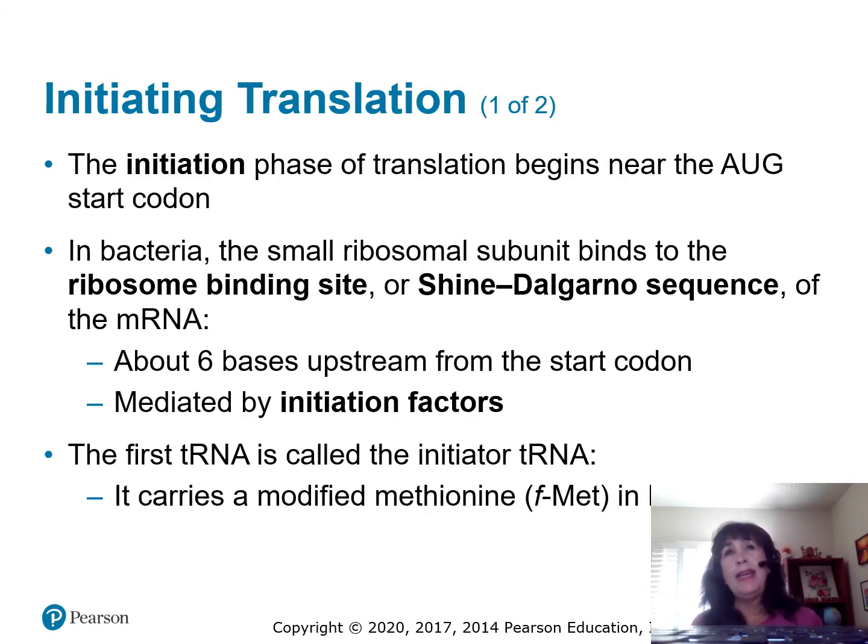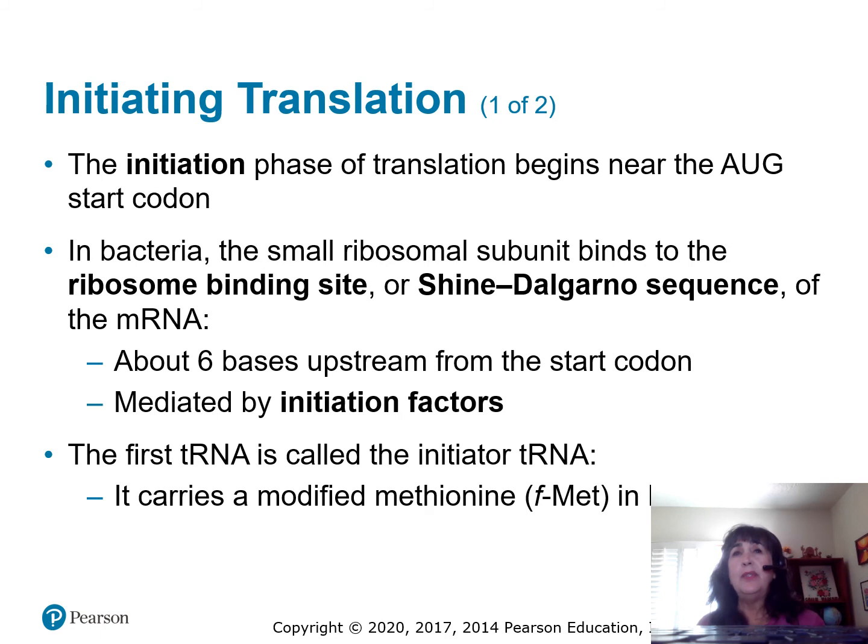What is happening in initiation? So the initiation phase of translation begins near the AUG start codon, but it actually happens upstream. Upstream, or before the AUG start codon, is the Shine-Dalgarno sequence, or the ribosome binding site.